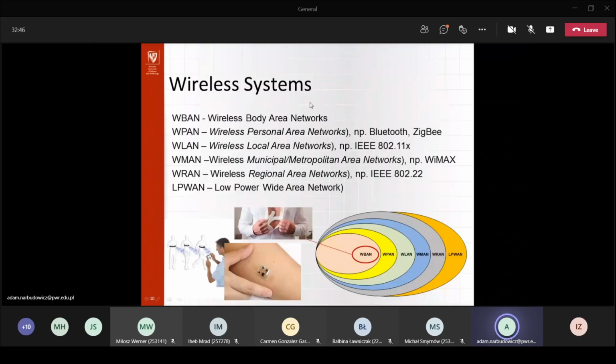And this is actually the topic I would like to break down into some more detail, simply because the radio propagation in the proximity of the human body is a very interesting topic. I mean, interesting in the sense that it is very different from other forms of radio link.